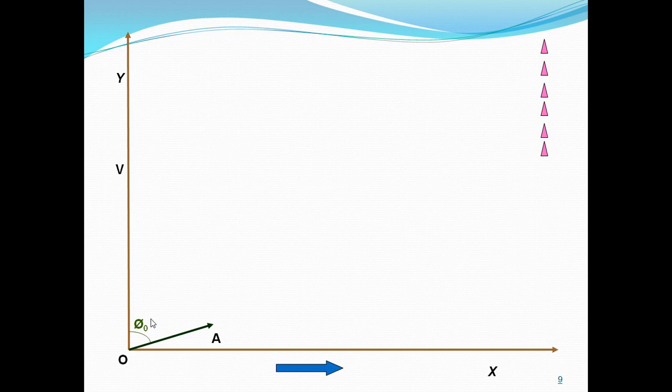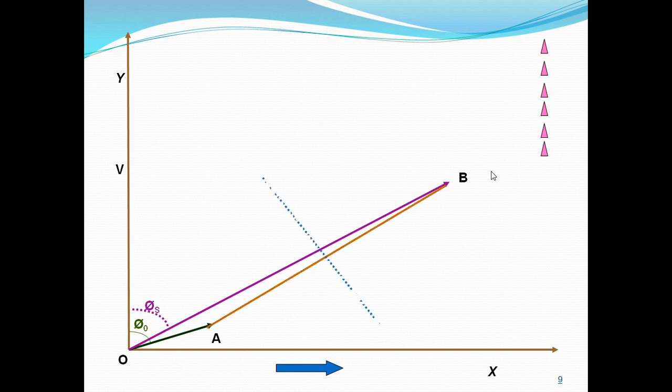ISN is equal to IS into V1 by Vs. By using that we can calculate ISN, that is OB, and using the same current scale we convert that into centimeters and draw the vector OB at an angle of phi s. Next, as I told in the last class, we have to join the points A and B. A and B we join like this.